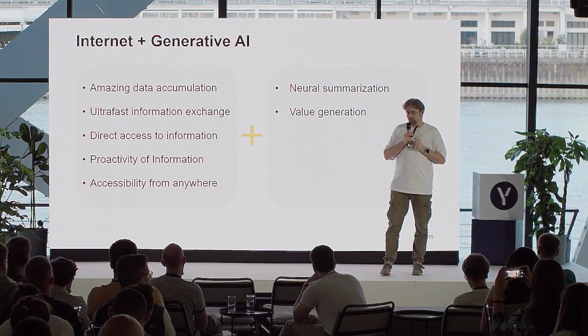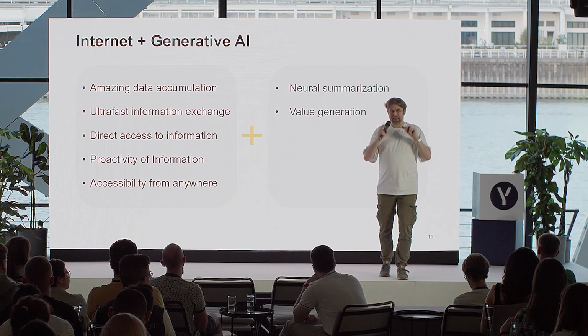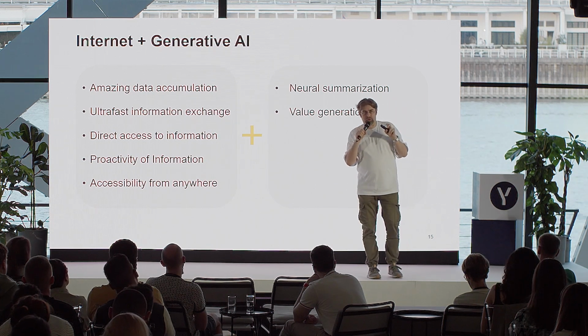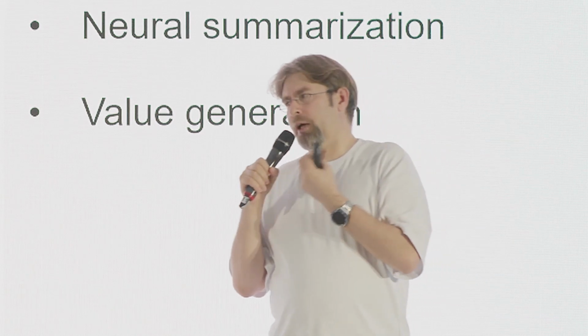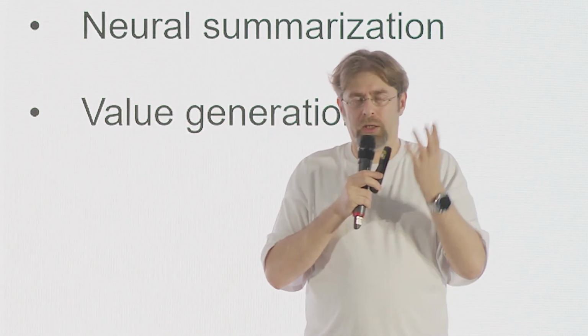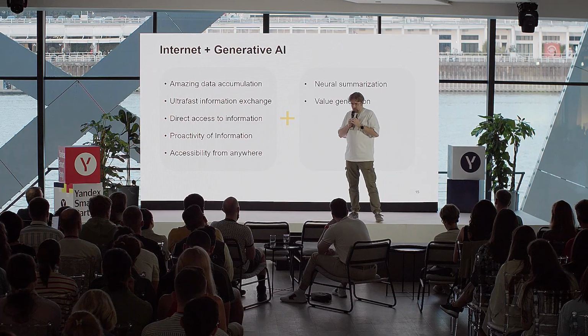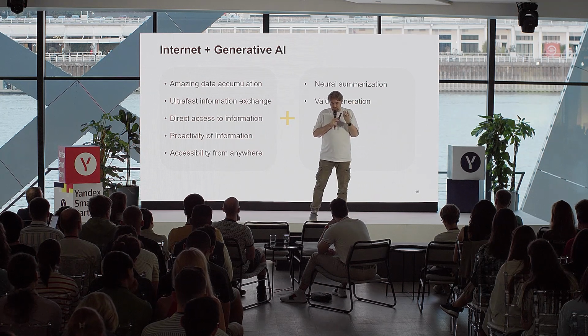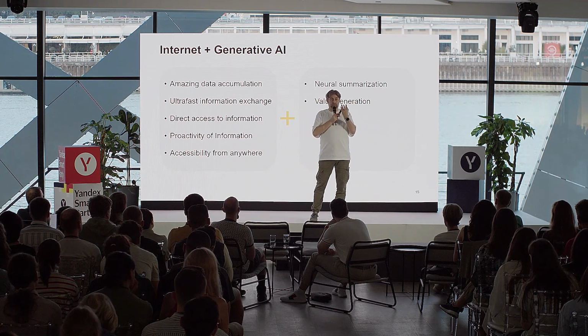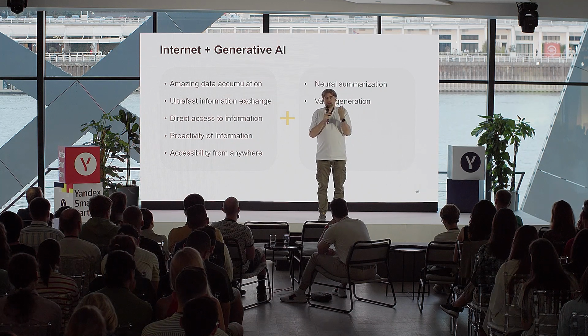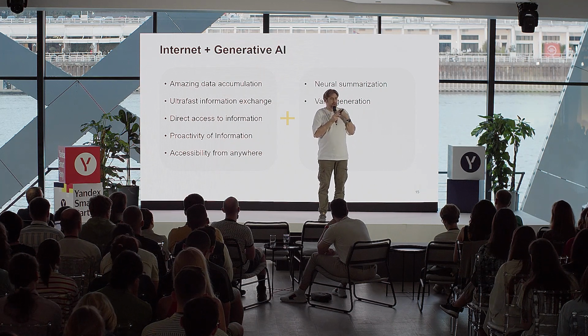The other important point is value generation. I can't find the right word, so I use the word value. What do I mean? What do we usually do with text? How do we humans generate text?